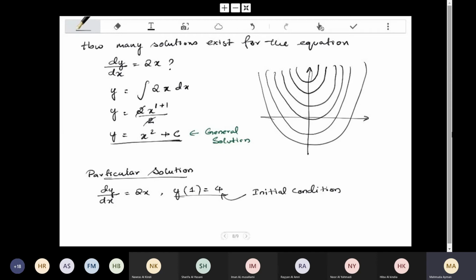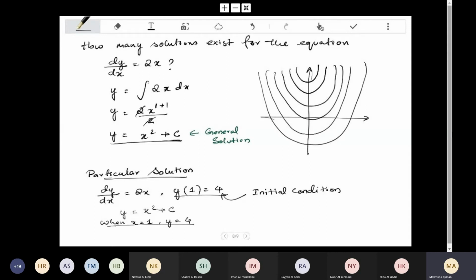First we need to find the general solution, which we have already found in the above step: y is equal to x squared plus some constant c. Now we are given an initial condition, that is when x is equal to 1 and y is equal to 4.